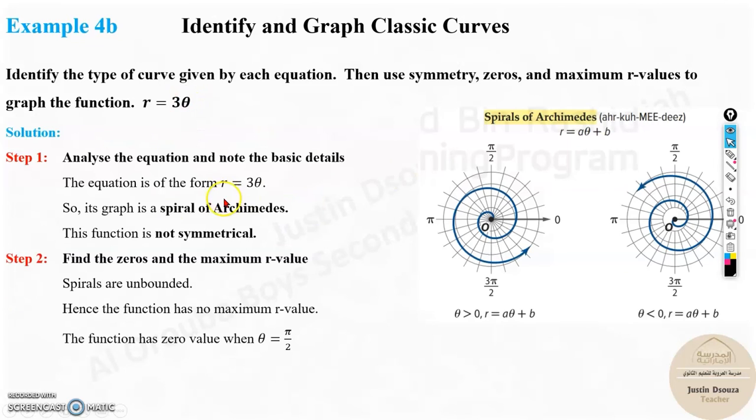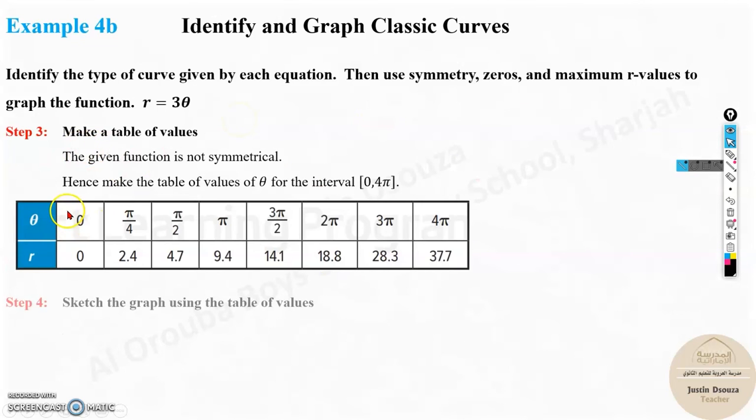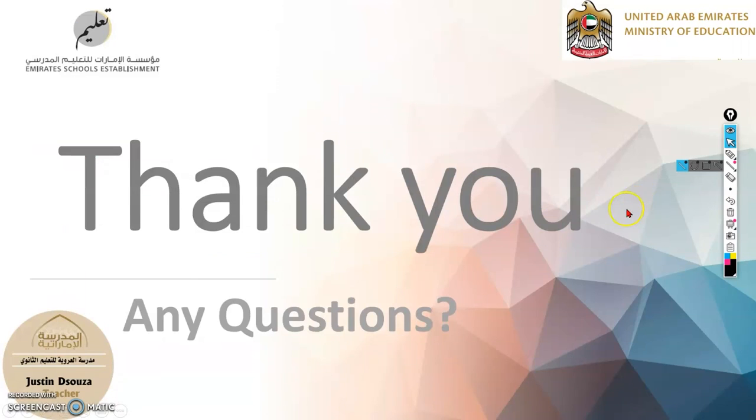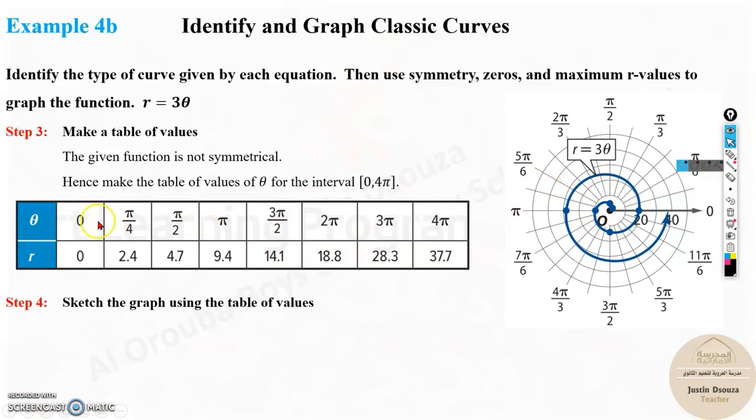If you're getting confused with these directly, if you can't remember which is the standard form or anything, there is a simple way. Don't worry. What you can do is just make a table of values and graph. Then you will get a figure, right? Then you will understand which type of classical curve it is.